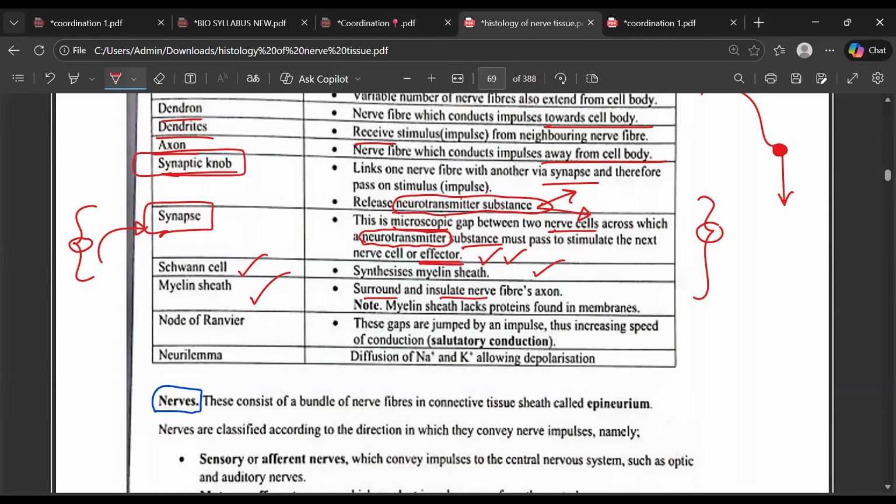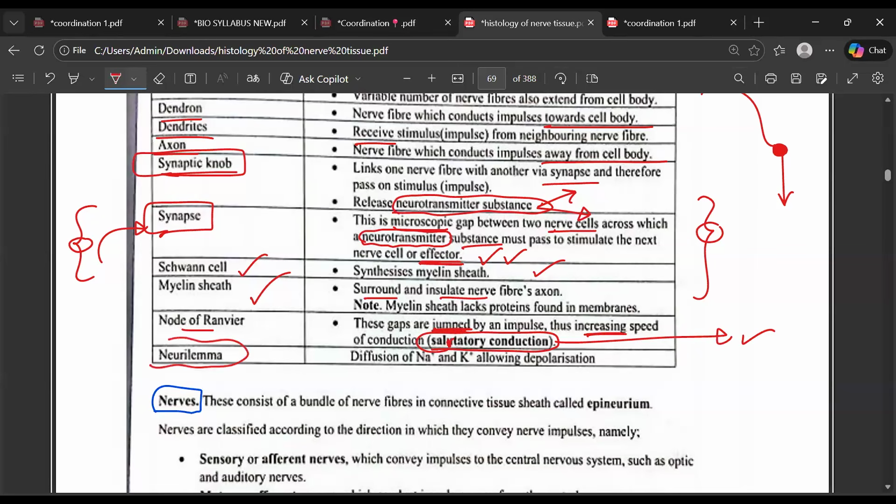Don't you know that? The node of Ranvier, we talked of saltatory conduction. And I tried to tell you about that. The mere fact that we are jumping, even the word jump is here, we are increasing speed. Like every time you jump, even if you're moving and you decide to move as you're jumping, you increase speed.